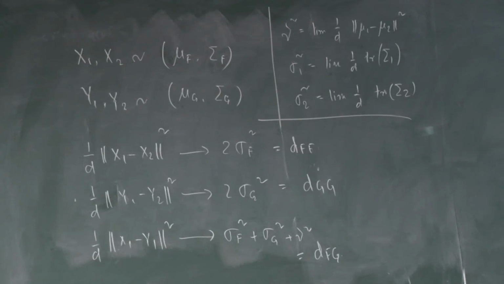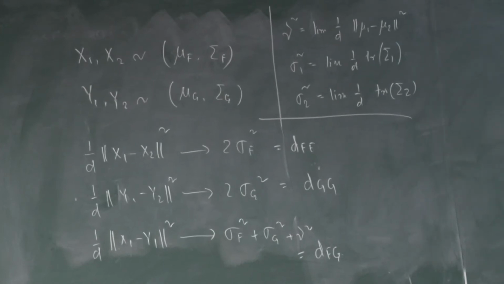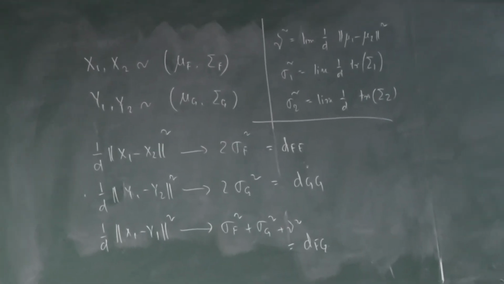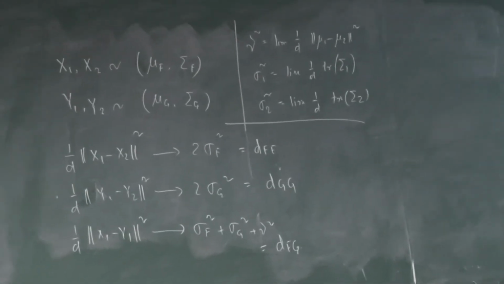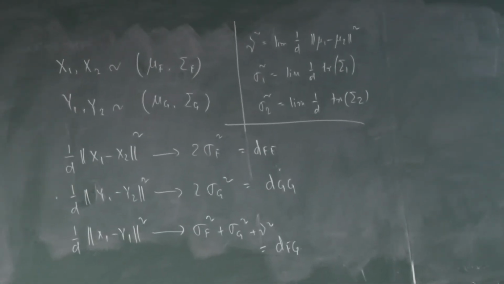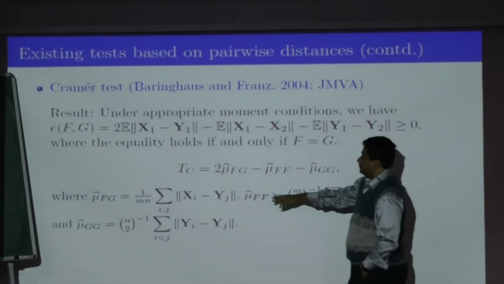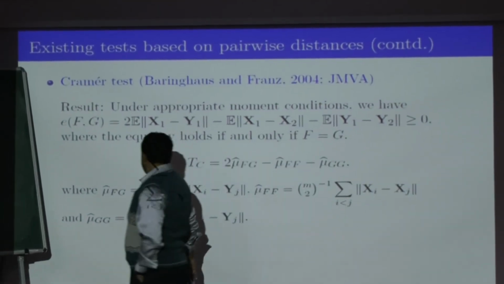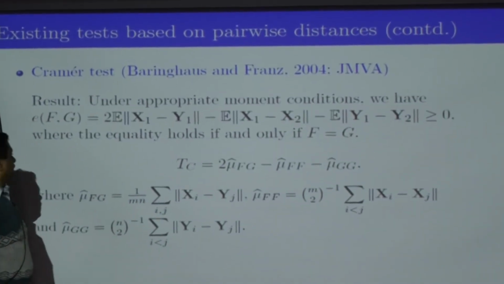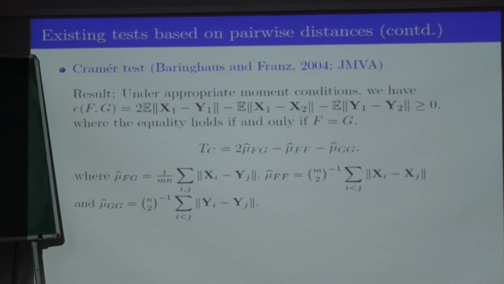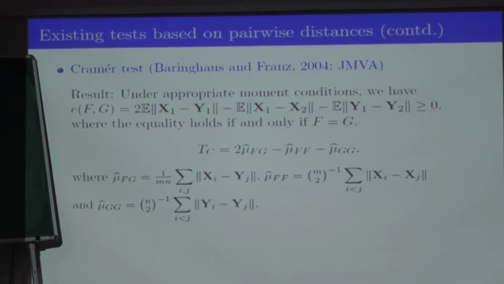Now if you look at the Cramer statistic, what was it? The Cramer statistic has this definition. So naturally, where did it converge after appropriate scaling?